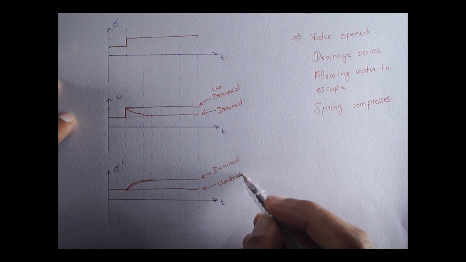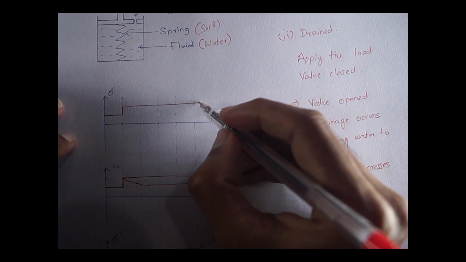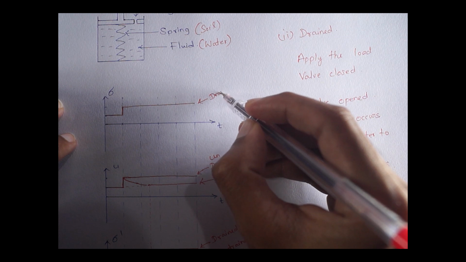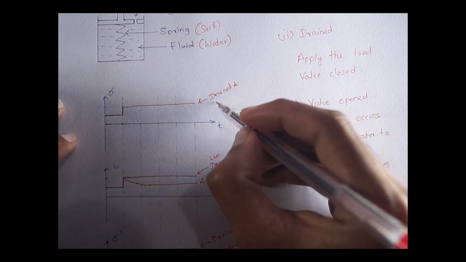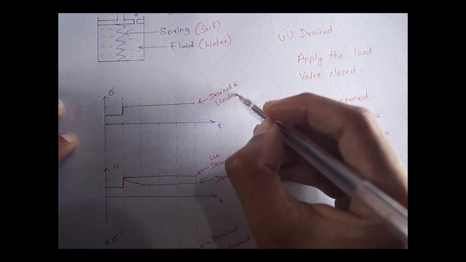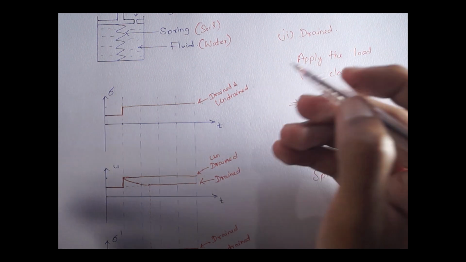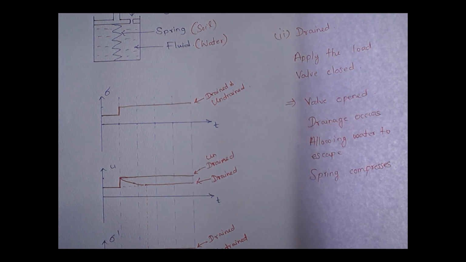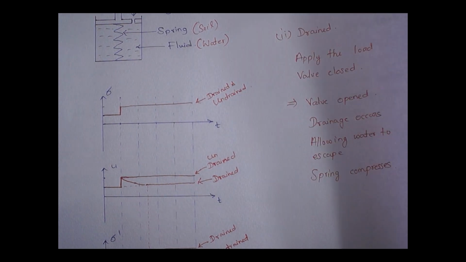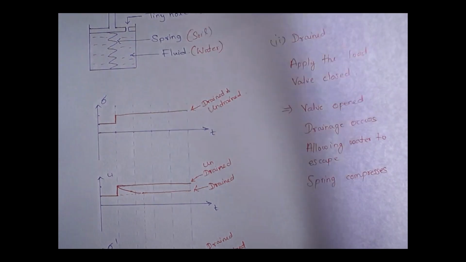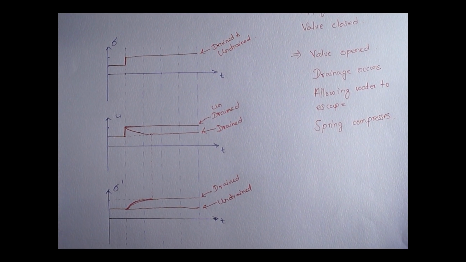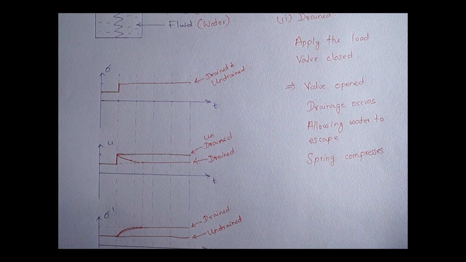For both cases, the total stress graph would be the same. So drained and undrained. This is the way the soil experiences the stress once the load is applied to it.